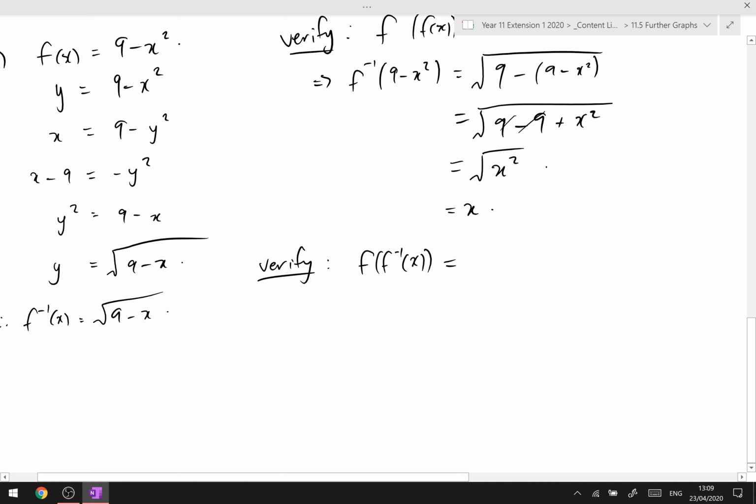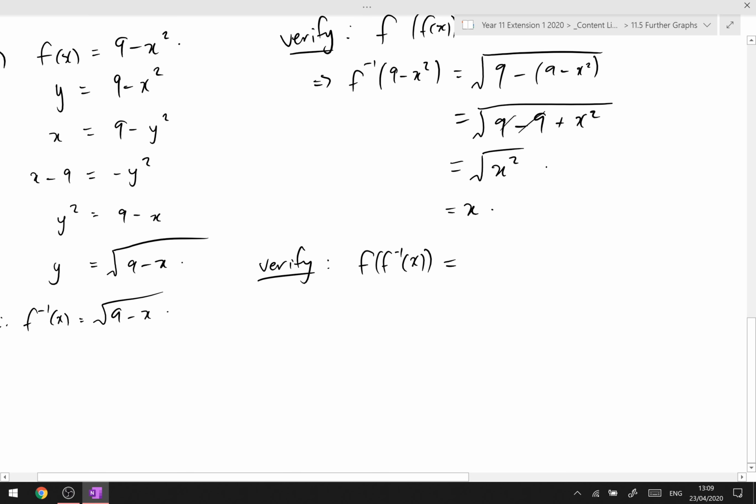Which is equal to, so going back to my original function, 9 minus x squared, wherever I see an x, I'm going to replace it with square root of 9 minus x. So I don't want an f there, okay, so 9 minus square root of 9 minus x, all squared. Okay, so the 9 is going to stay there, the minus is going to stay there, the square is going to get rid of the square root, so I'm going to be left with 9 minus x. Okay, now removing that bracket, I get 9 minus 9 plus x. The two 9s cancel out, I'm left with x.